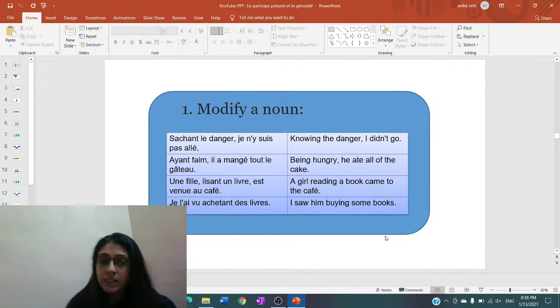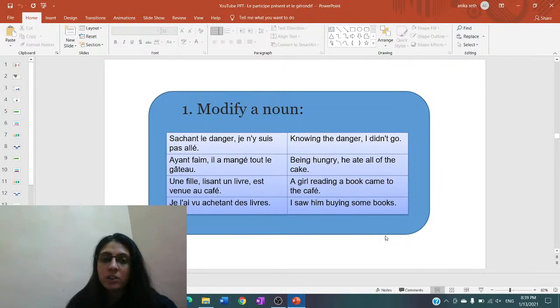If in this sentence I say une fille qui lit un livre est venue au café, still it will be correct. Now instead of qui lit, I have put lisant as the present participle. So again we know that we need to put a present participle over here, not the gérondif.